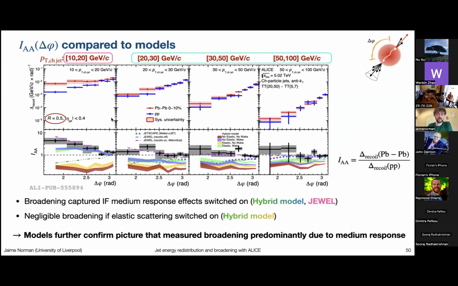The broadening is captured if these medium response effects are switched on, while elastic scattering doesn't have this broadening effect. So the model comparison further confirms the picture that the measured broadening is predominantly dominated by the response of the medium to the jets.